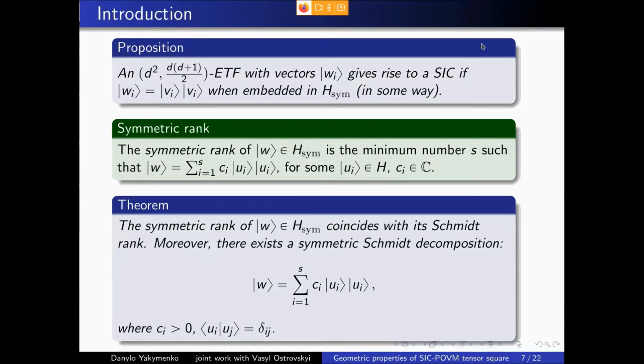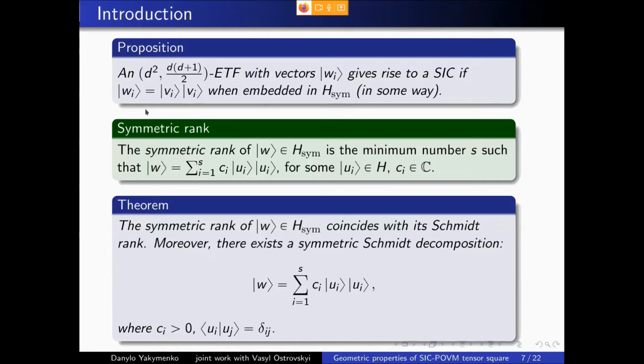Now, it is not hard to observe that when we have some equiangular tight frame of this type, then if we embed it in a symmetric subspace somehow, there are choices for how we can embed a frame of this type.